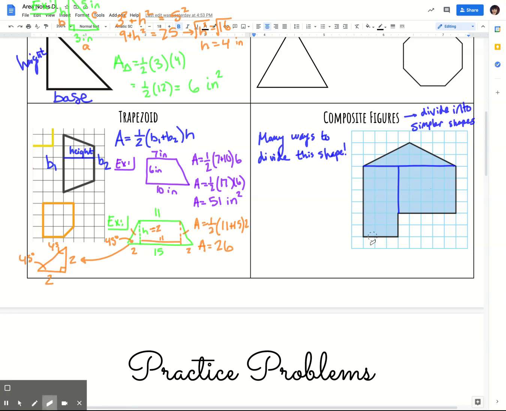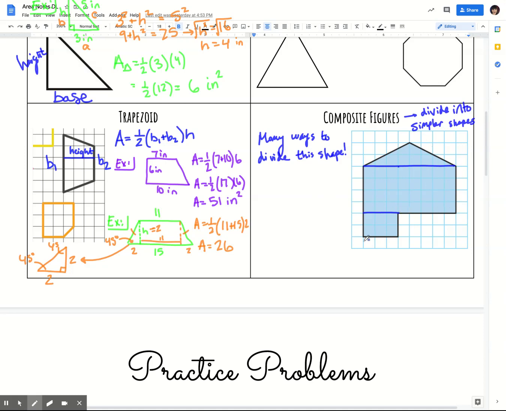So there are lots of different ways that you could divide this. I'm going to divide it this way just because in my brain this makes the most sense. But you could divide it in lots of different ways and still find the same area.